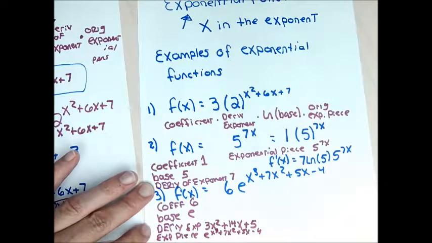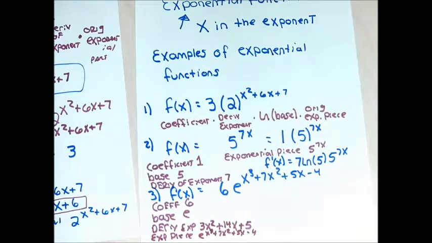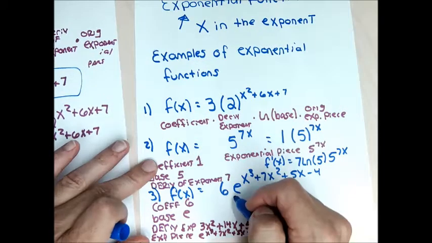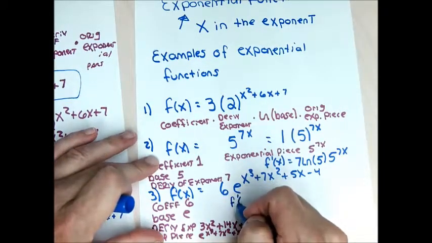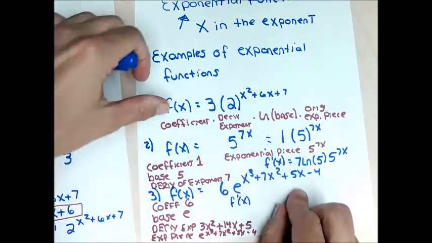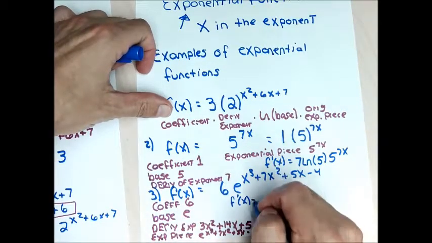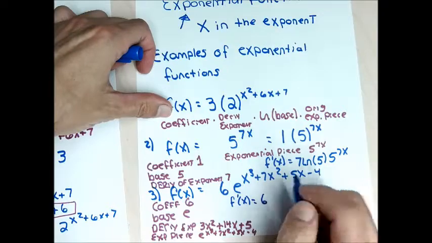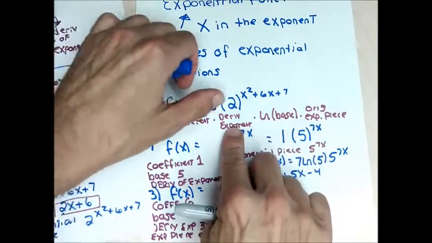So now I'm going to write down the derivative of this function by just taking the pieces that I have here and writing them down. The derivative f prime of x equals first the coefficient of 6 times the derivative of the exponent.